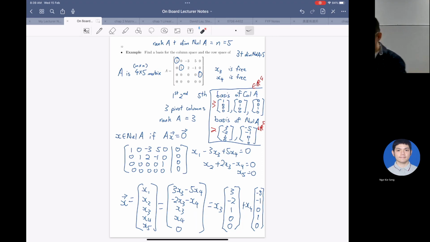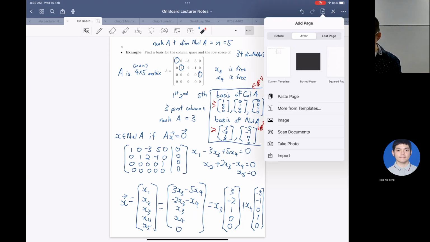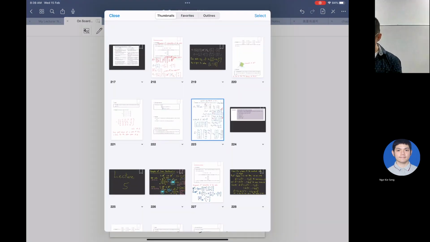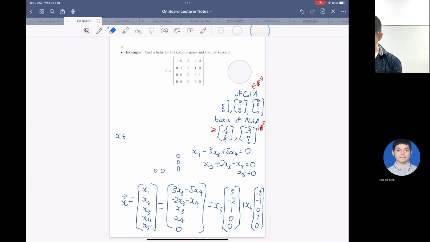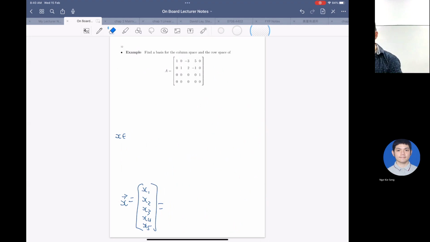Okay, maybe it's kind of easy to see. Let's use this example again. Okay, so similarly, if you want to find rank, you need to row reduce your matrix. So you can start with a row reduced matrix here.